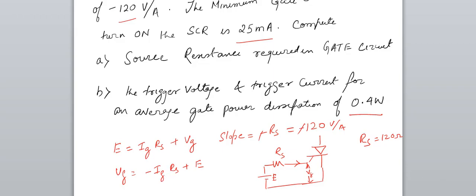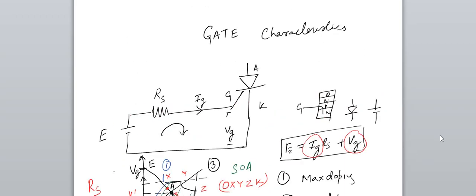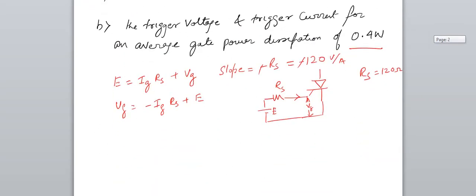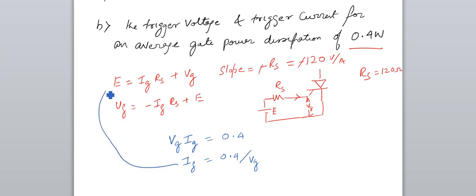Now the power which is invested is 0.4 watt. That power is nothing but Vg into Ig. It is saying that it is 0.4 watt. So Ig is equal to 0.4 upon Vg. Put this equation in here.